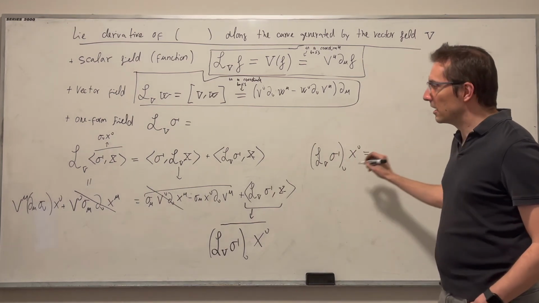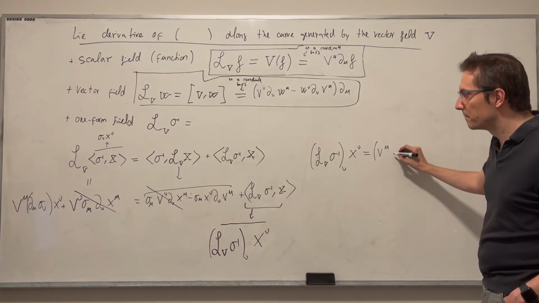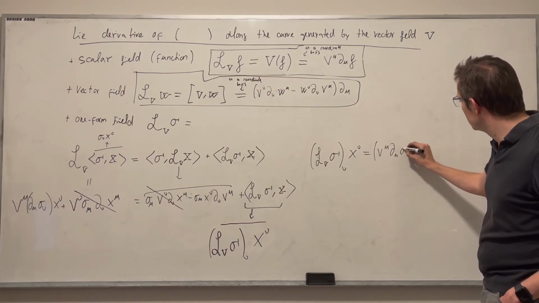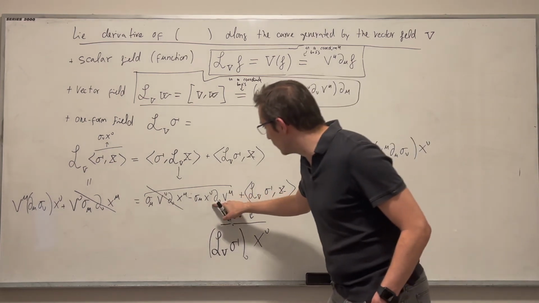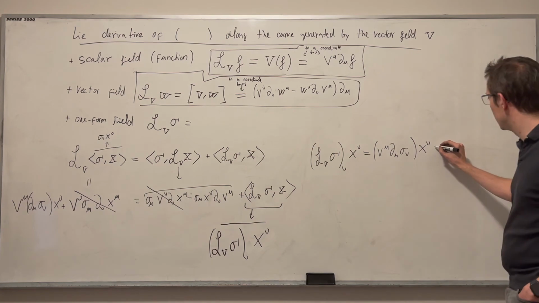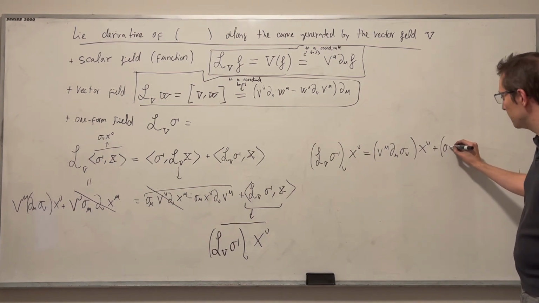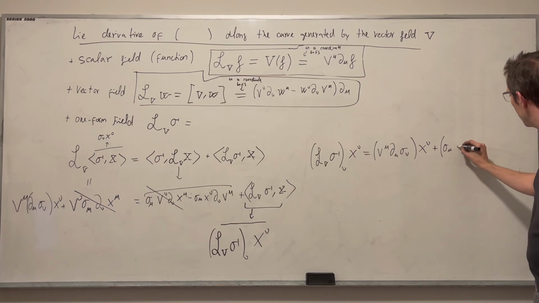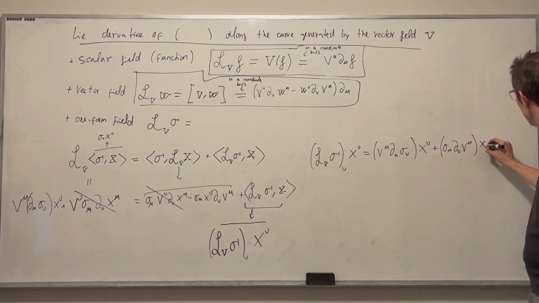It's equal to, now I have one term here, so okay, I'm gonna write first V mu partial mu sigma nu, and this is contracted with x nu. And then the other term is this one that goes to the other side with a plus, and I'm gonna write it here as well, sigma mu partial nu V mu contracted with x nu.